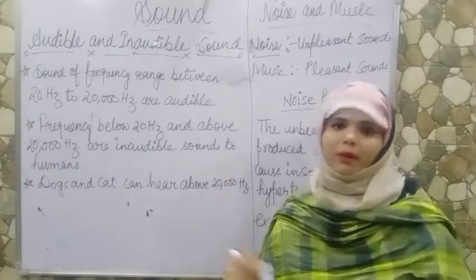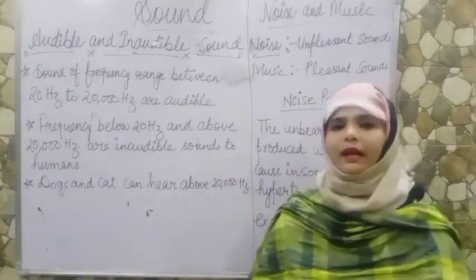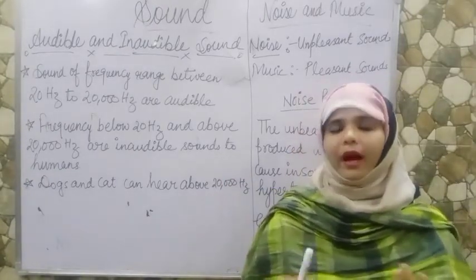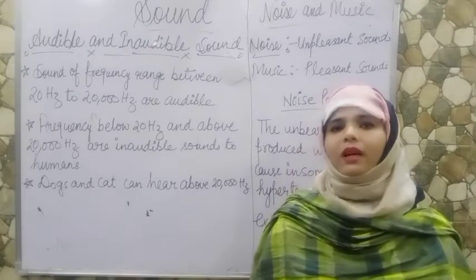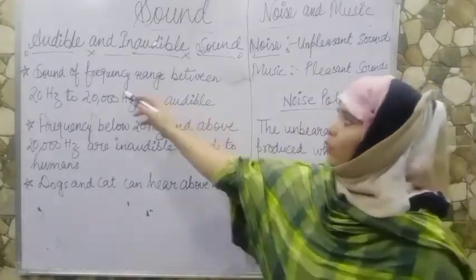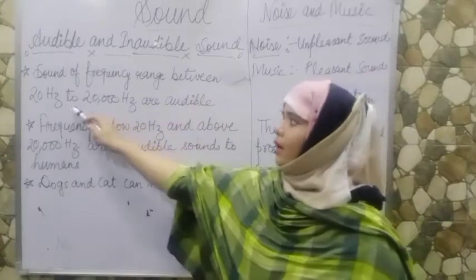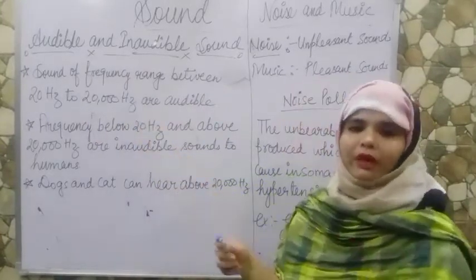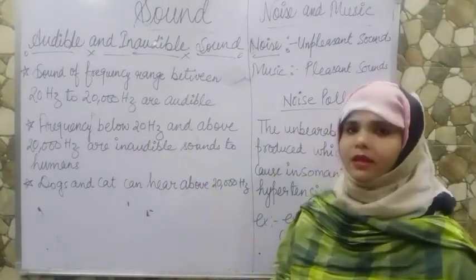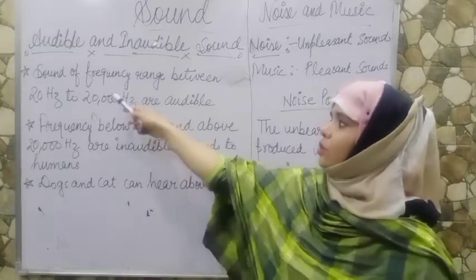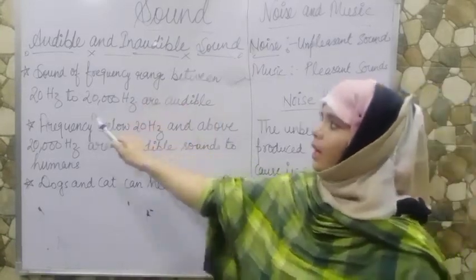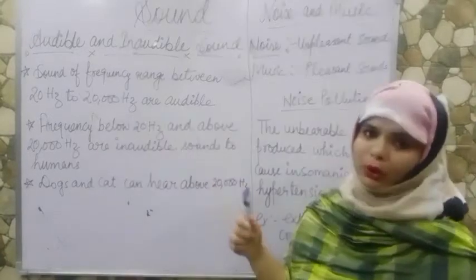Audible and inaudible sounds. Audible sounds are those sounds which we can hear, and inaudible sounds are those which we can't hear. Sound of frequency range between 20 Hertz to 20,000 Hertz. We know that frequency is measured in Hertz, denoted by Hz. So sounds of frequency range between 20 Hertz and 20,000 Hertz are audible to us.